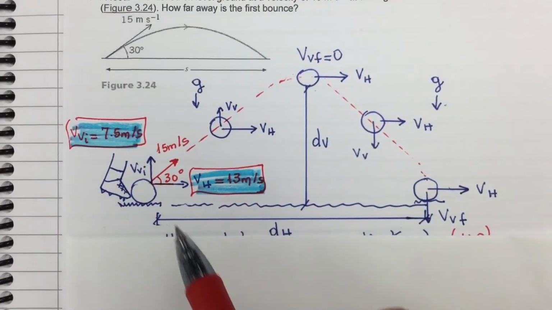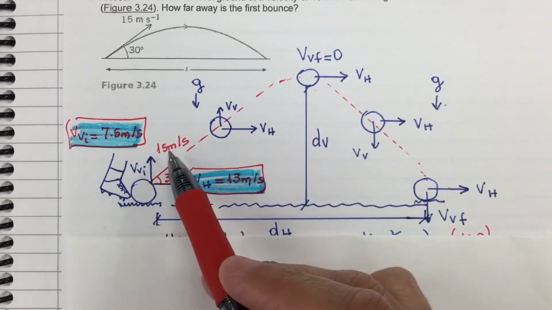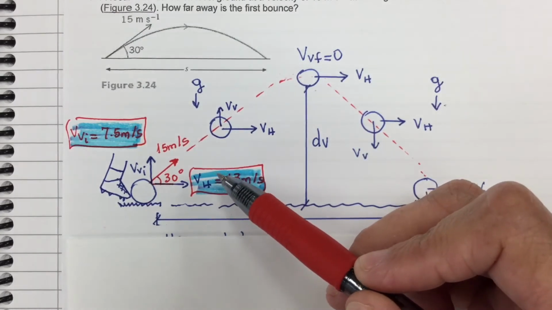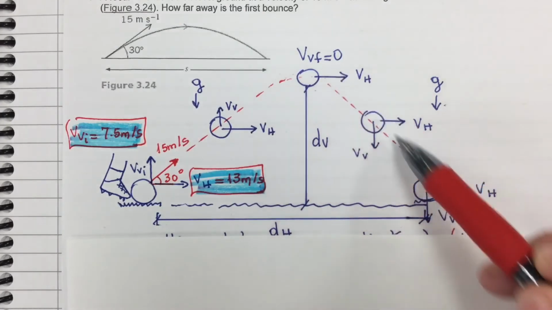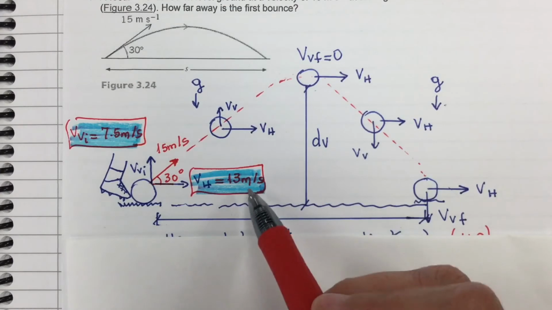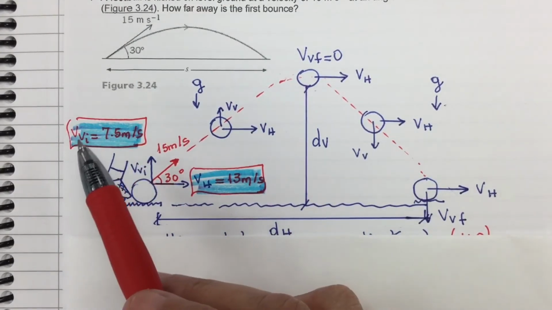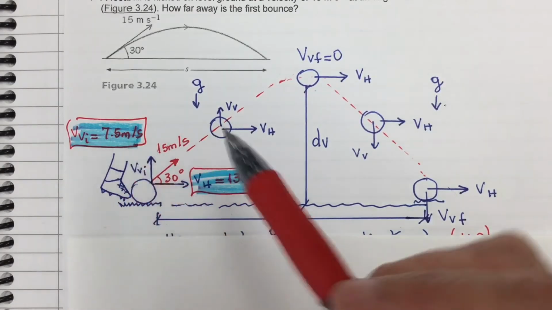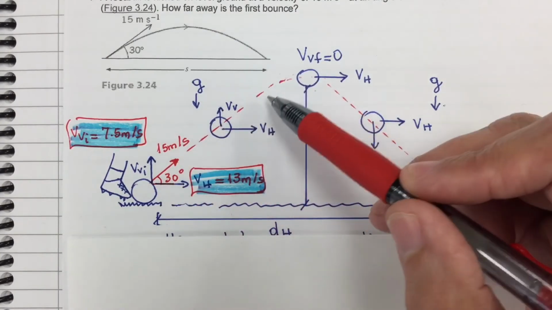Back to the diagram. So my horizontal component of this initial velocity, 13 meters per second, is going to remain constant the entire trajectory, going up and coming down. So VH here, here, here, at any point, will be 13 meters per second. However, the initial vertical velocity, which is 7.5 meters per second, is going to decrease, or decelerate, going up.